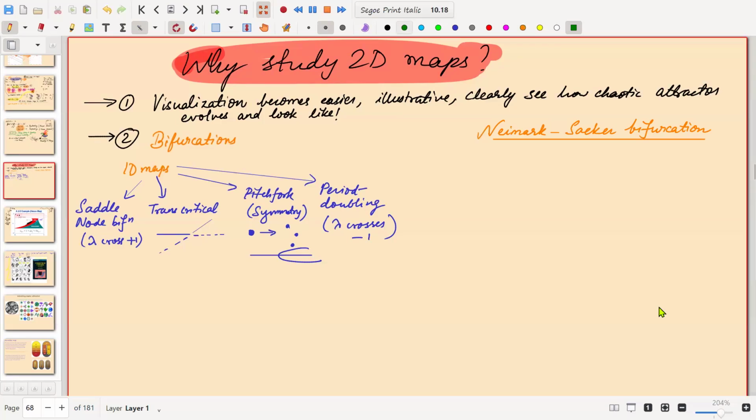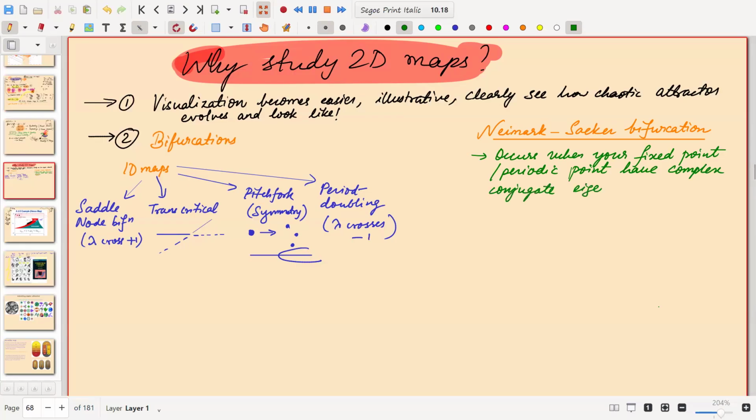This bifurcation occurs when your fixed point or periodic points have complex conjugate eigenvalues crossing the unit modulus.